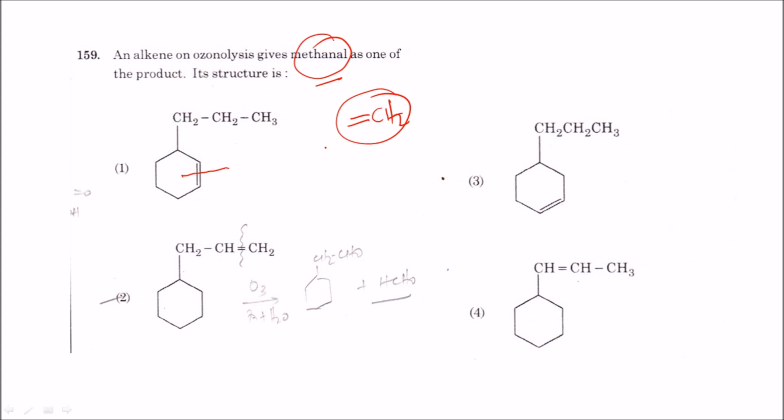So a terminal double bond should be there. You can see easily in the second option, the structure, right? If this undergoes ozonolysis followed by hydrolysis, you get formation of two products, one aldehyde, and second one you get methanol. So the right answer for this is the second one.